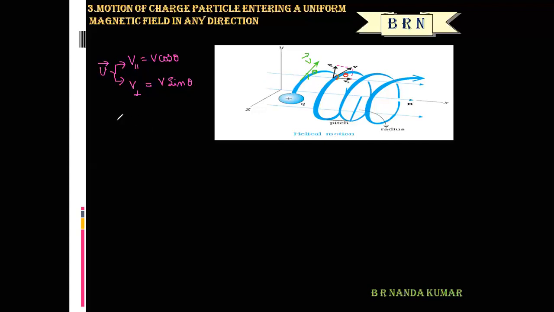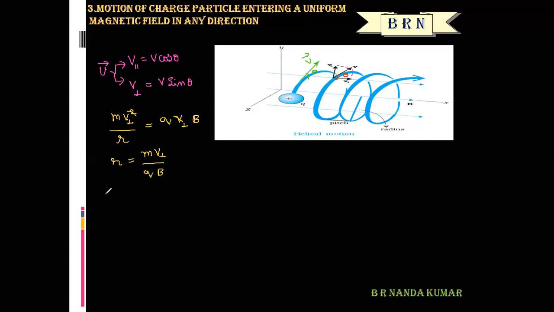So if a particle is moving along a circular path, it requires centripetal force. Actually here the perpendicular component of velocity makes the charged particle move in a circular path. That means the centripetal force m v perpendicular squared divided by r is equal to q v perpendicular B. The v perpendicular cancels, so r is equal to m v perpendicular divided by qB.